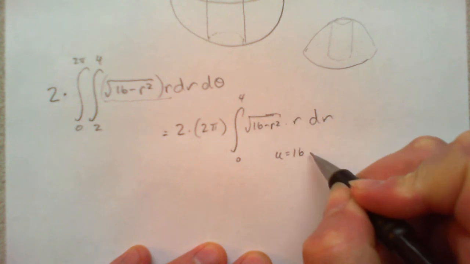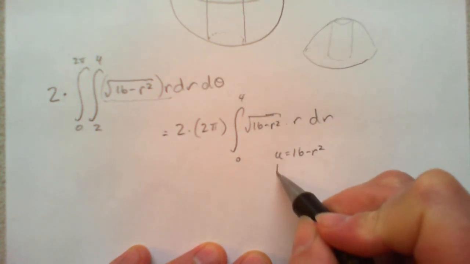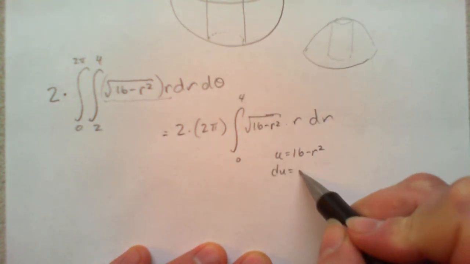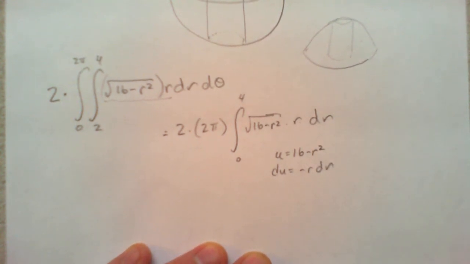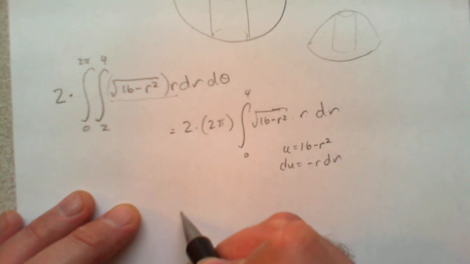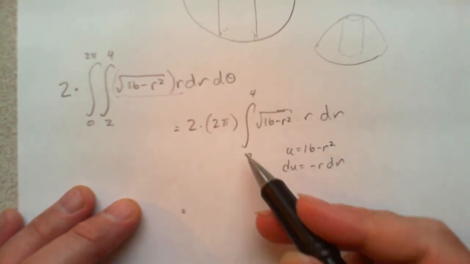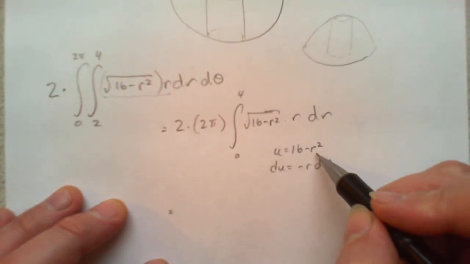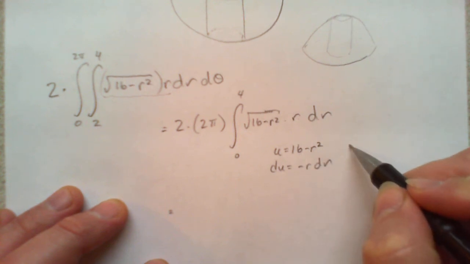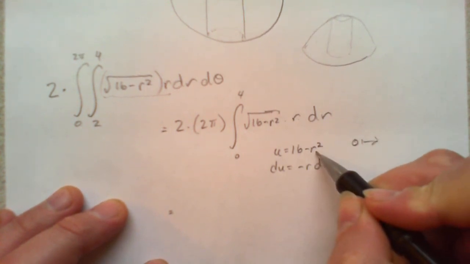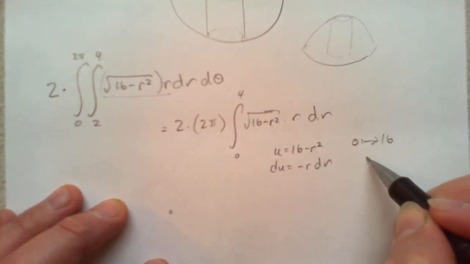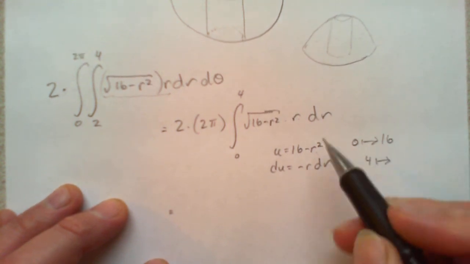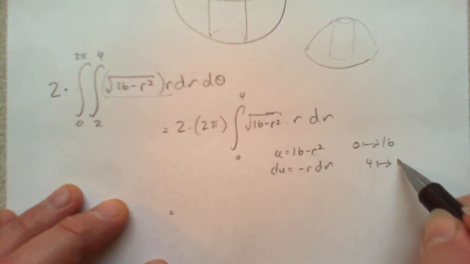You let u equals 16 minus r squared, so du is minus r dr. That will bump out that r. And just for practice, to remember how changing the limits of integration works: plugging in 0 for r, 0 gets mapped to 16. Putting in 4, 4 goes to 0.